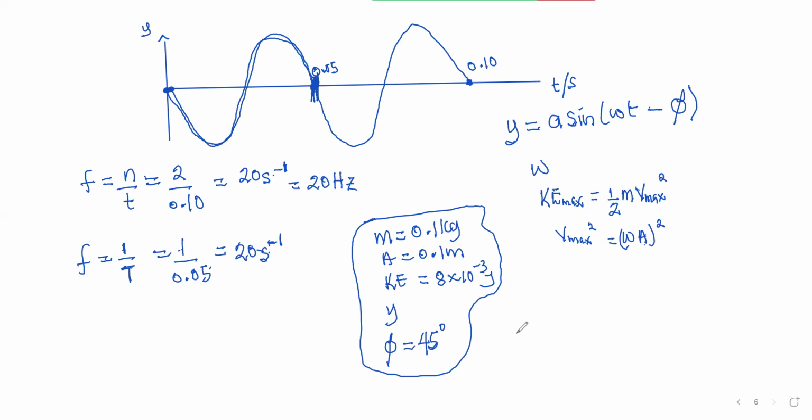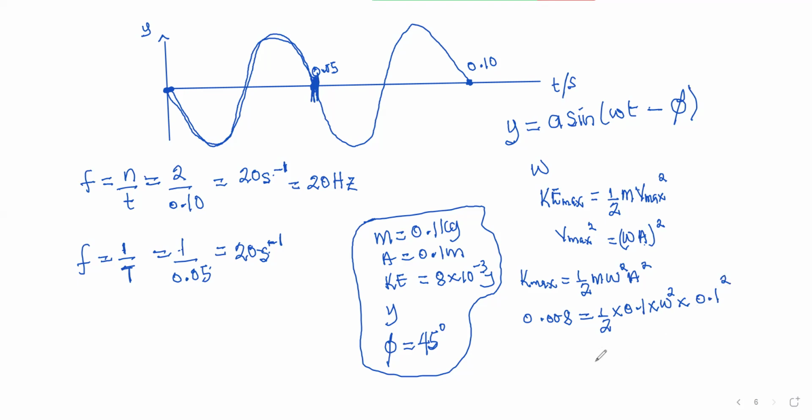Therefore K maximum equals half m omega squared A squared. So 0.008 equals half times the mass, which is 0.1, times omega squared, times the amplitude, which is 0.1 squared.